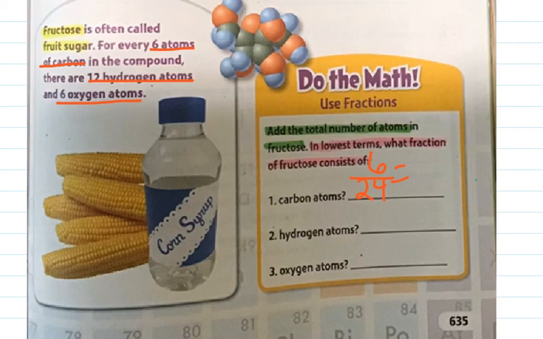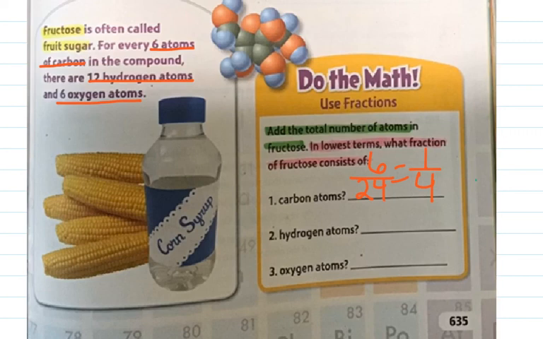So is 6 the highest number that can go into 24? Sounds right. So what is 24 divided by 6? 4. Yeah, so that is my denominator. And what is my new numerator? If 6 divided by 6 is what? 1. Yeah, you're exactly right. So there is your answer for number 1.